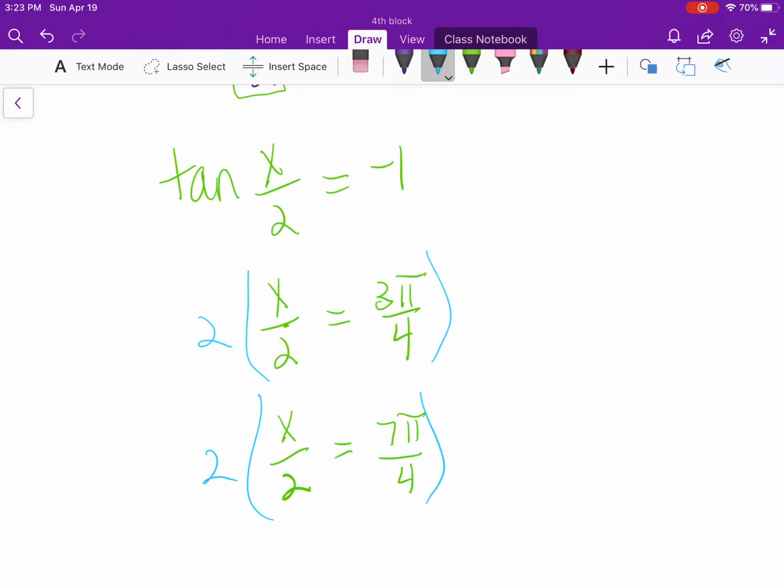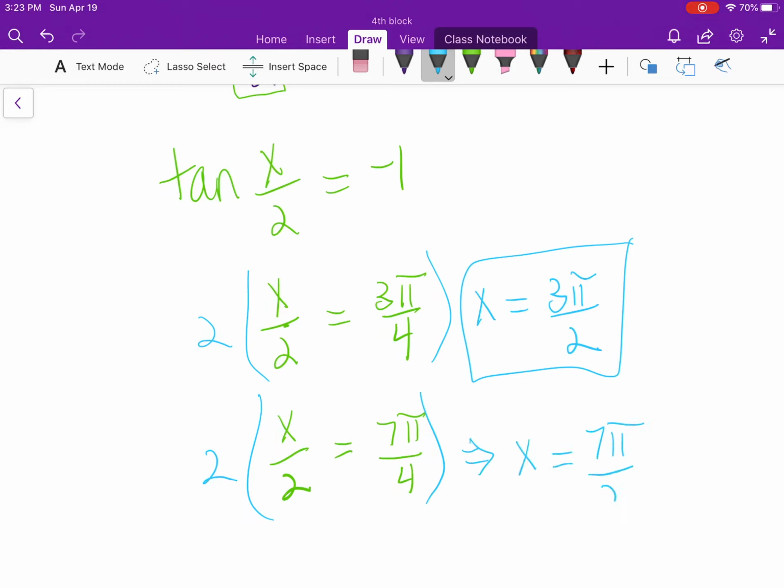When I multiply 3 pi over 4 times 2, that gives me 3 pi over 2. And over here, when I multiply by 2, that gives me x equals 7 pi over 2. That's already kicking it past that 2 pi range. So this is going to be my only answer here, 3 pi over 2.